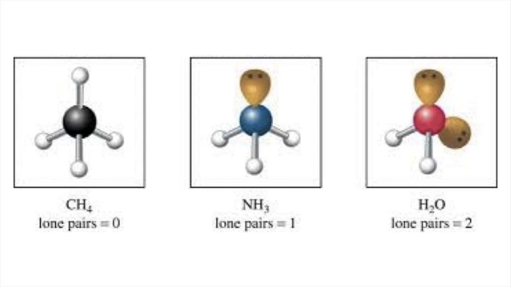But looking at the ammonia in the middle picture, there is 1 lone pair on the top and 3 hydrogen atoms bonded on the bottom of that nitrogen atom. And so while the molecular geometry is trigonal pyramidal, the electron domain geometry is going to be tetrahedral because we are counting that lone pair as one of the branches off of the central atom.